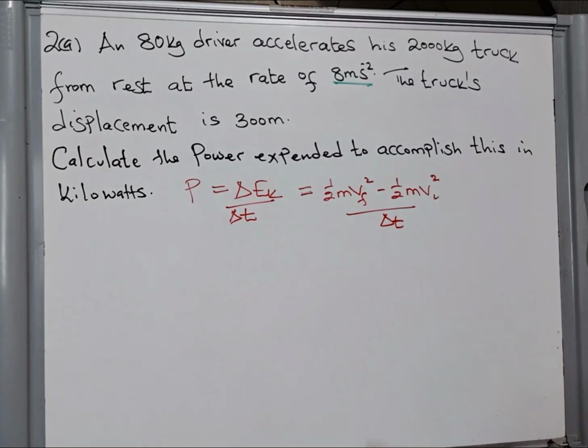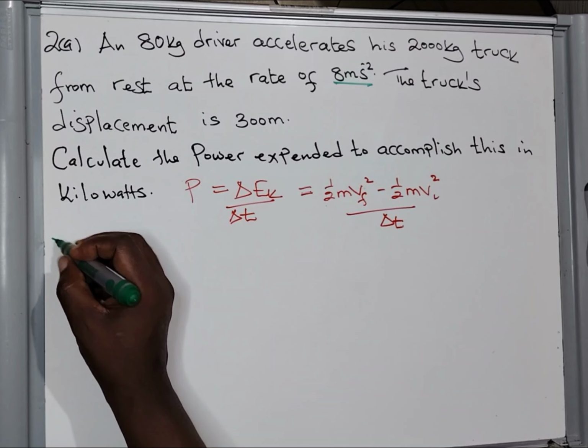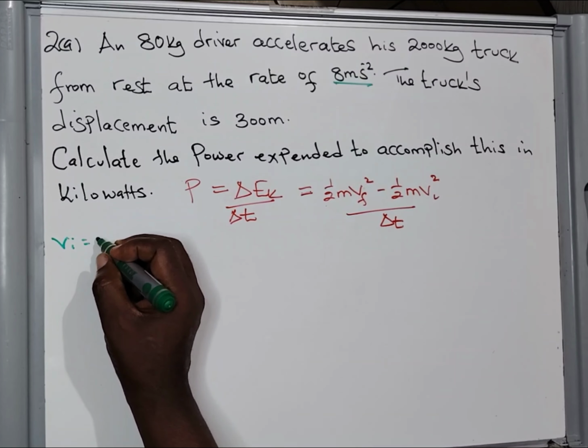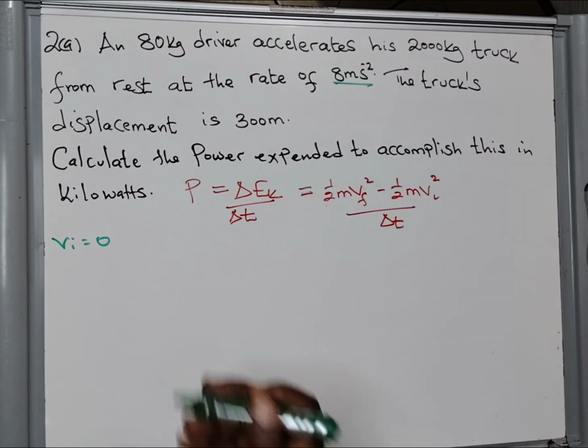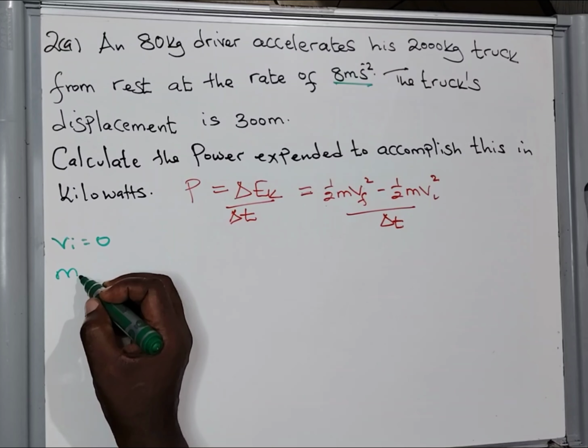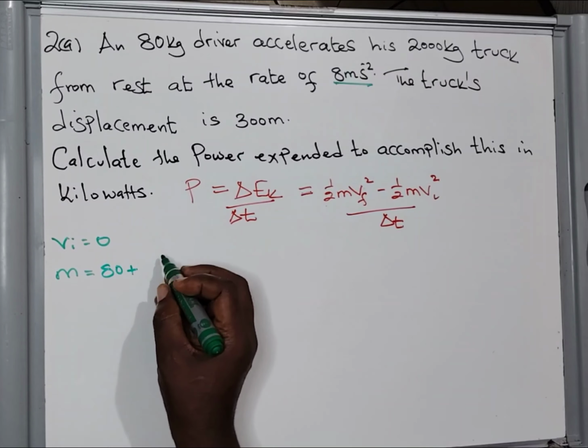Okay, so let us look at what we have. What do we have here? We know initial velocity. The truck was initially at rest, so we know Vi is 0. We know the mass. The mass involves the driver plus the truck.